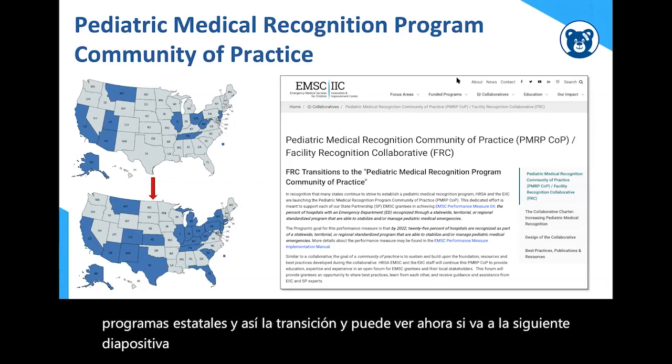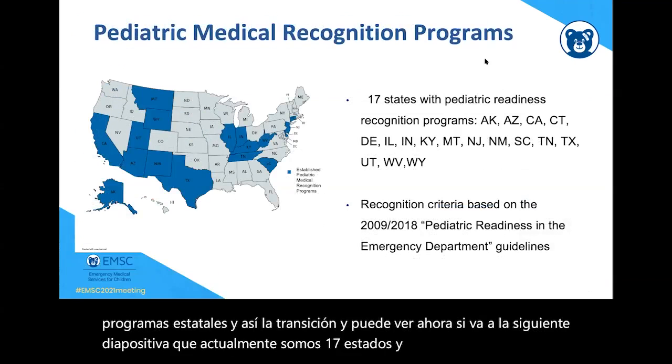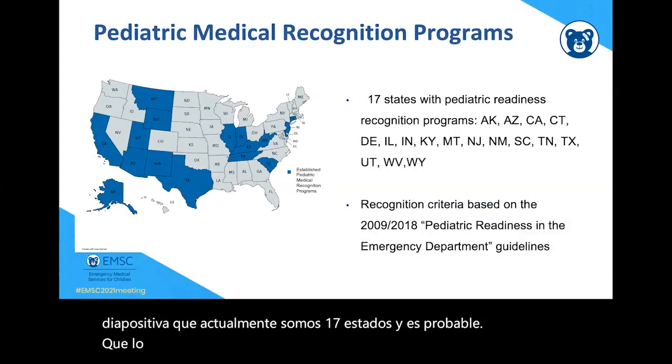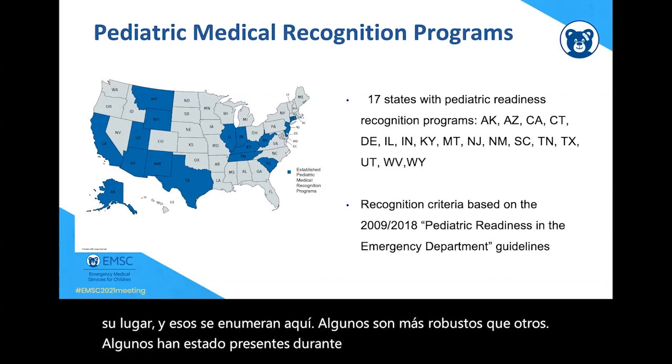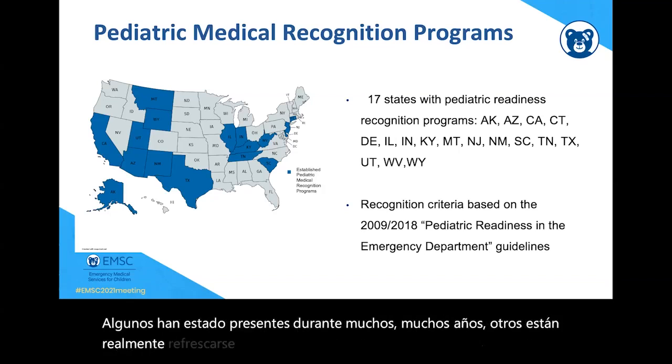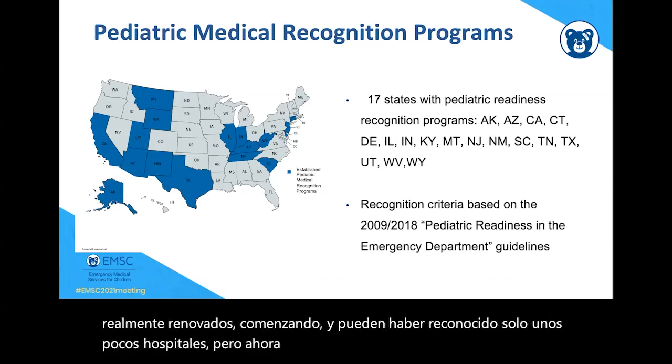Next slide, please. That have pediatric readiness recognition programs in place. And those are listed here. Some are more robust than others. Some have been present for many, many years. Others are really just fresh and starting out and may have only recognized a few hospitals, but now there are over 100+ hospitals in the country that have been recognized through these programs.